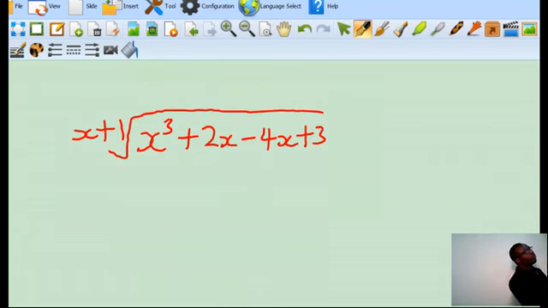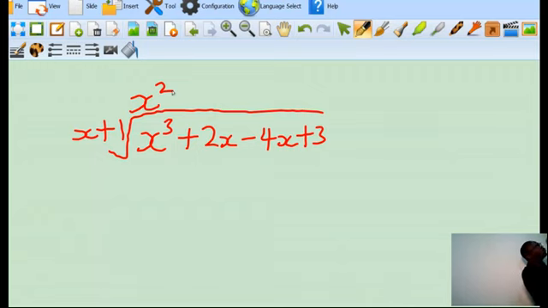Now, just as it is written on the board, you draw the division line like this. You write the polynomial function in there, and you write the linear function outside. Now, we start by dividing the first term here, x cubed, by the first term x, which is outside. You get x cubed divided by x, you get x squared.